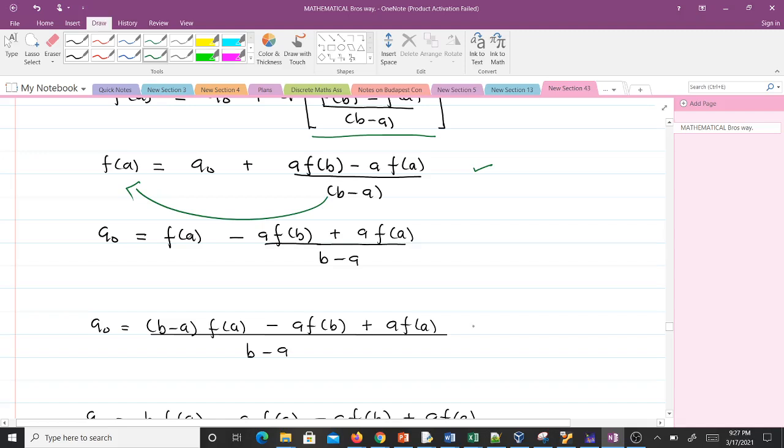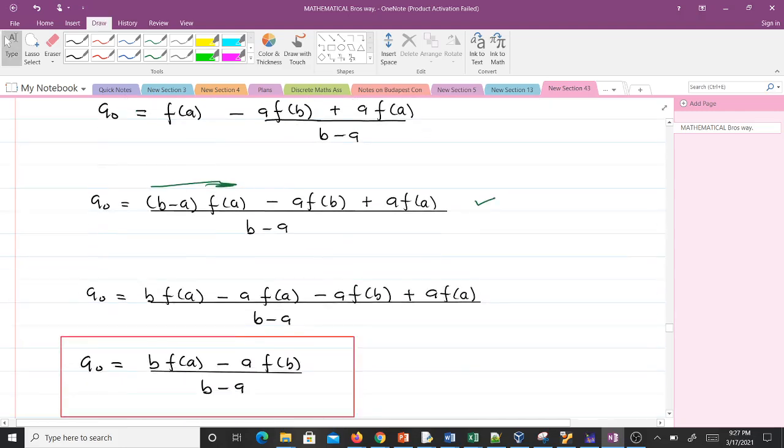So that's what you can have here. Okay. So when we get here, then we try to expand this part. So we get b f of a minus a f of a. Right? Then we have that side.